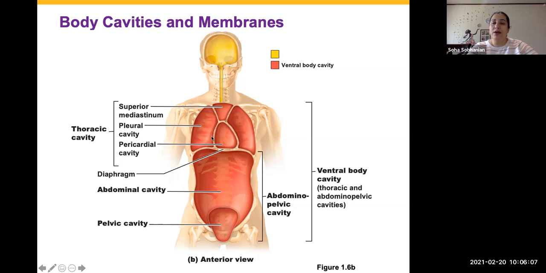And then the pericardial cavity, which is where your heart is located. Now, if you go down to the abdominal pelvic cavity, which is the one down here, the abdominal cavity, can you guys tell me what is, yes, these are subcategories. So what is inside this subcavity of the abdominal cavity? Can you tell me what is in your abdominal cavity? List the organs for me.